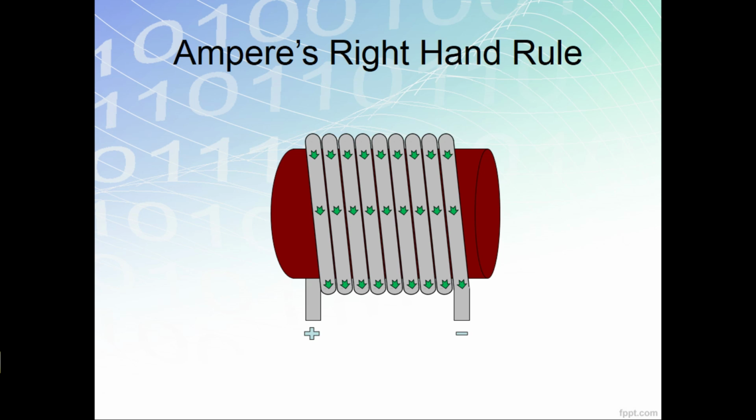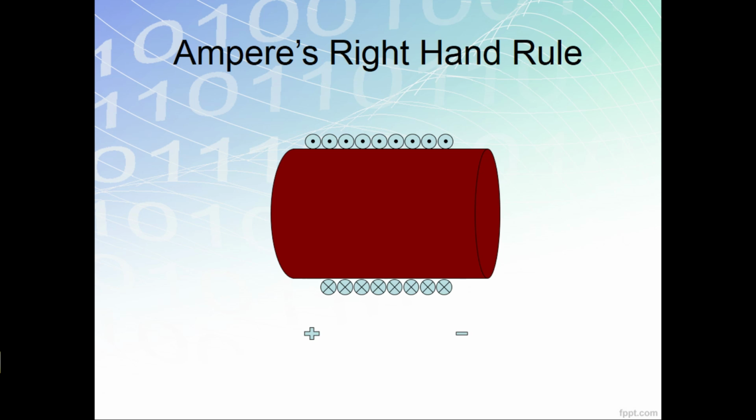When we look at the cross section of the motor, what we can see are dots and X's. The dot signifies the current is going out of the board, while X means the current is going into the board. When we apply the right-hand rule on these dots and X's, we will have this and this.